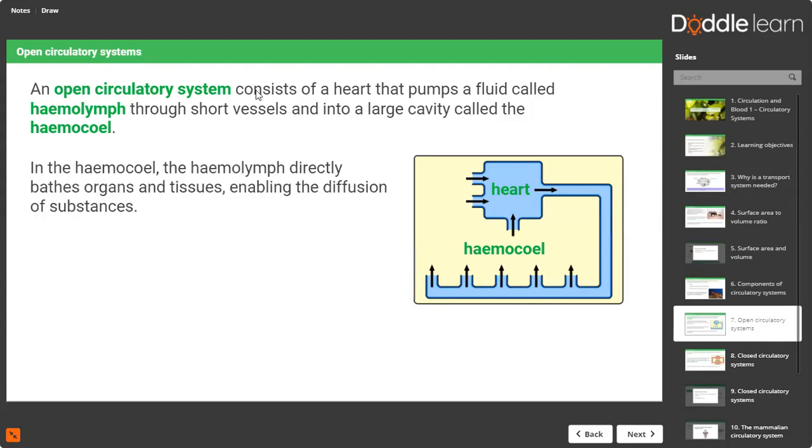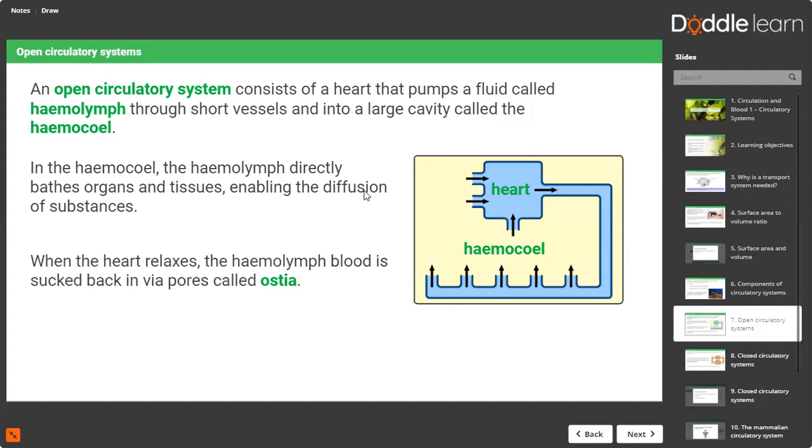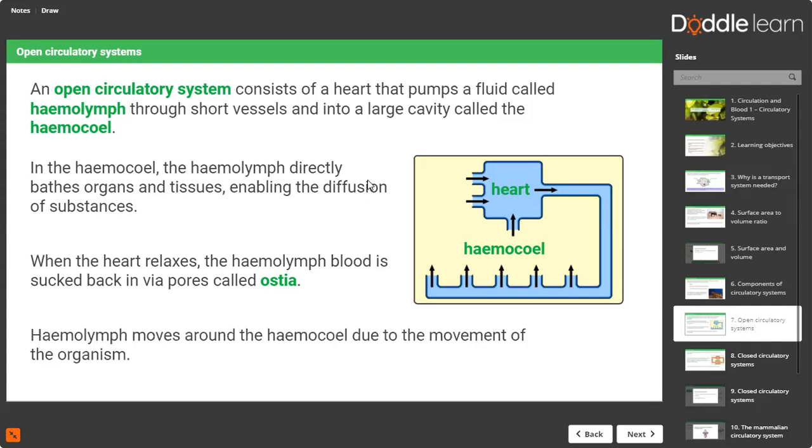In the hemocoel, the hemolymph directly bathes organs and tissues, enabling the diffusion of substances to take place. So we're basically covering everything in this fluid. When the heart relaxes, the hemolymph is sucked back in via pores called ostia. Hemolymph moves around the hemocoel due to the movement of the organism. So it doesn't just sit in one place, because the organism will be moving.